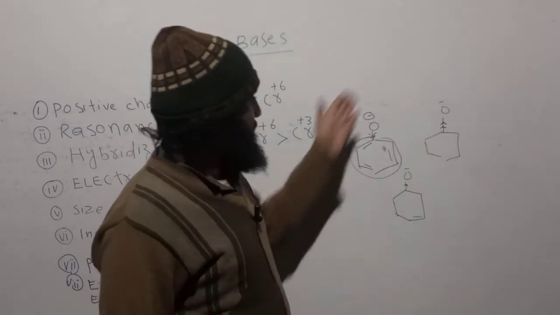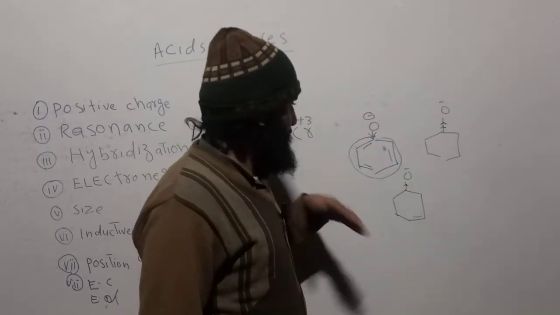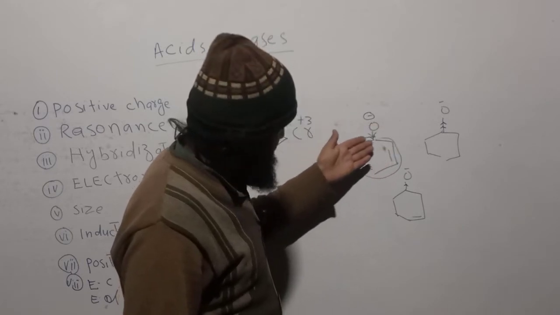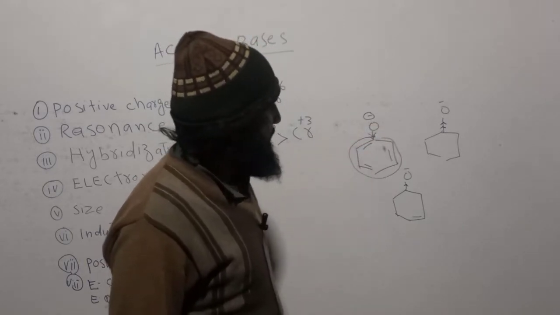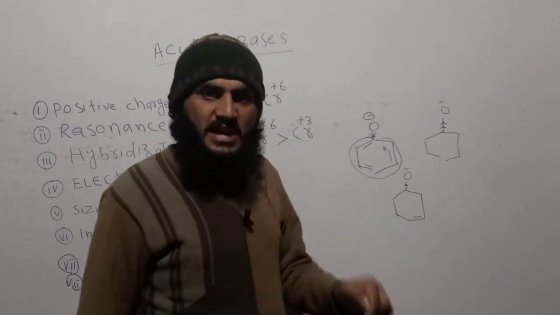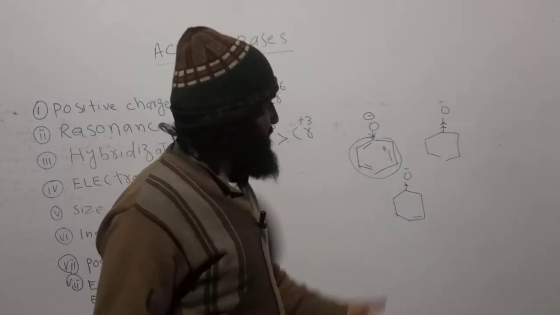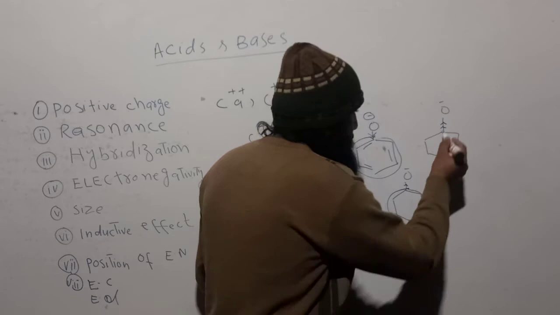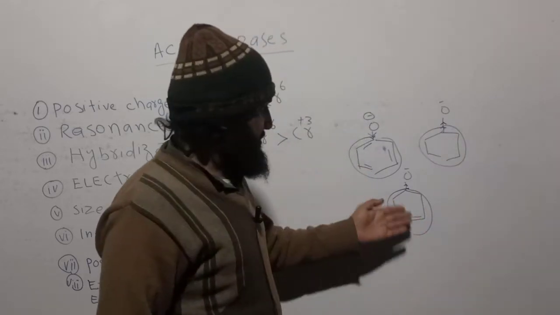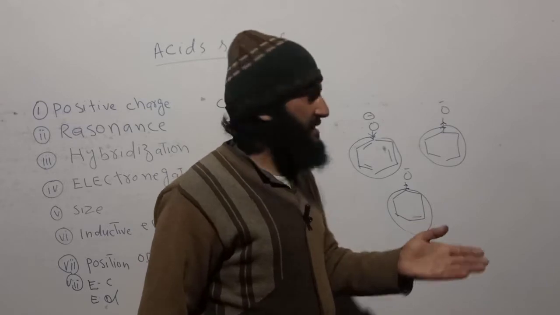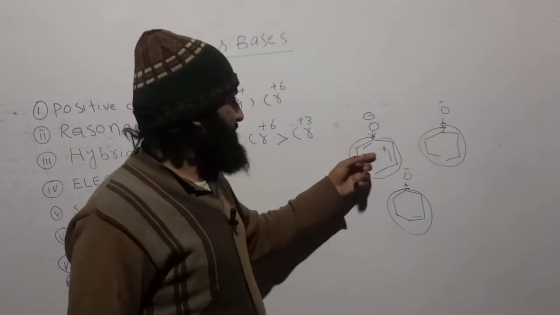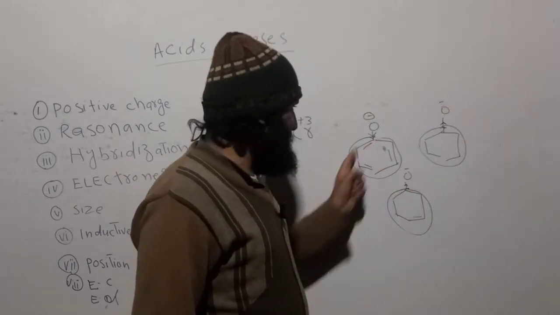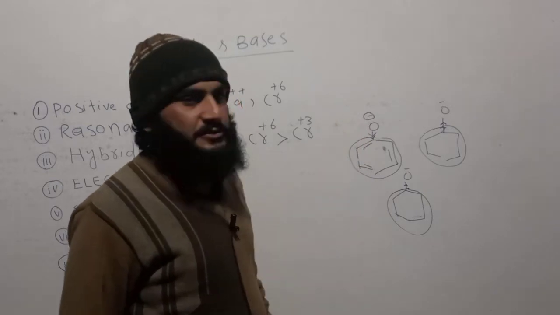So in these three structures you can conclude that the negative charge of this structure is in resonance with the structure given below, while this negative charge and this negative charge are localized, and are also supported by this ring, because this ring donates its electron toward the negative charge, while this ring withdraws electron from it.